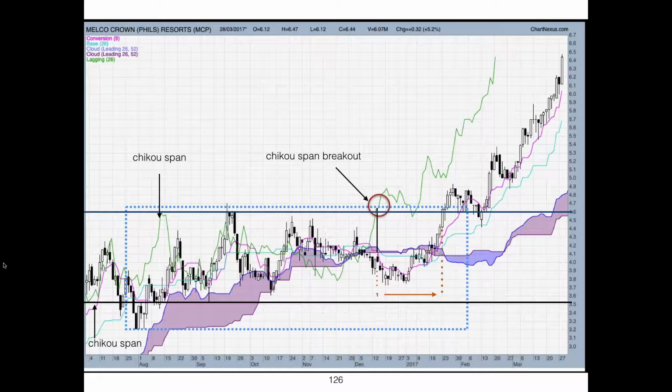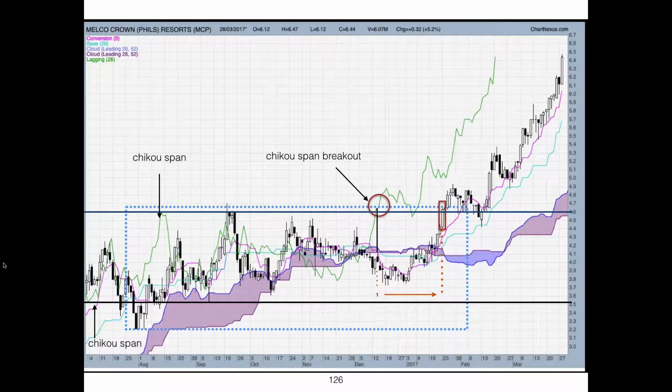Now this candlestick was what told us that this was going to be a valid breakout. Notice that this price level is still inside the box because there's a long wick to the left. So we are able to position ahead of other breakout traders because we get a confirmation from the Chikou span.